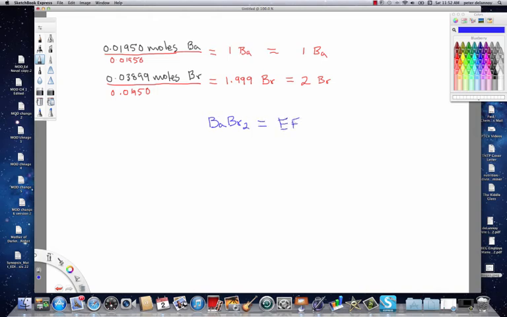Now, I want to point out something. The student who's with it realizes when the problem was set up that we had a metal being combined with a non-metal. So the student who's with it realizes that we're dealing with an ionic compound.